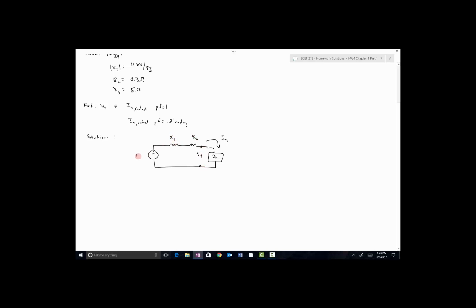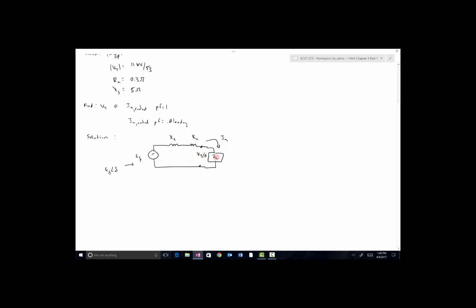This is XS. And this is EF. I guess we could be more specific. This is EF at angle delta, and this is VT at angle 0 degrees. So the question is, if we set EF to a certain value to provide the load with VT at 0.8 lagging and rated current, what happens if the load changes?